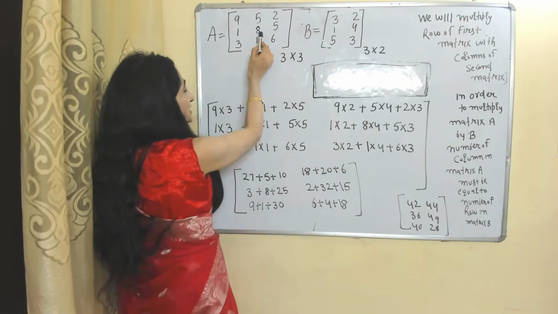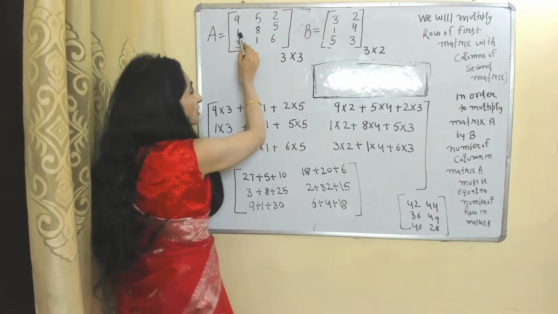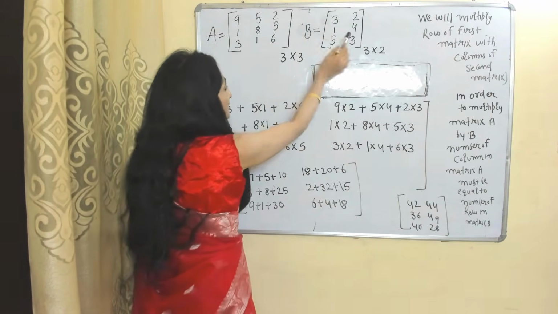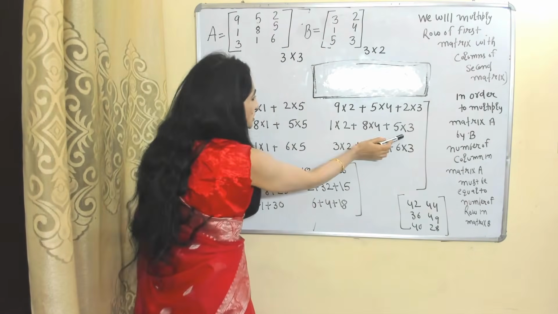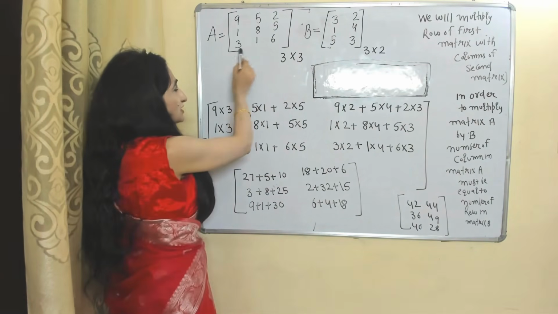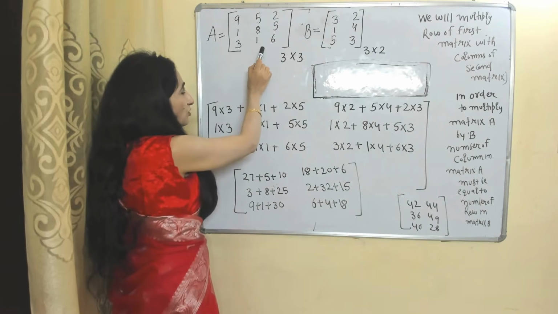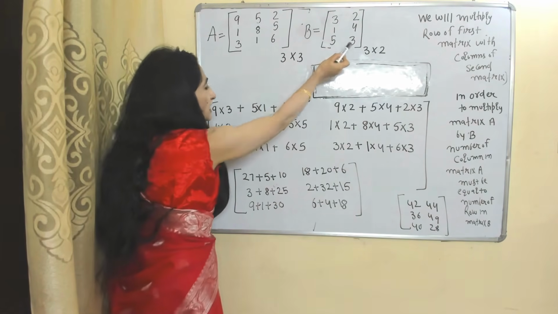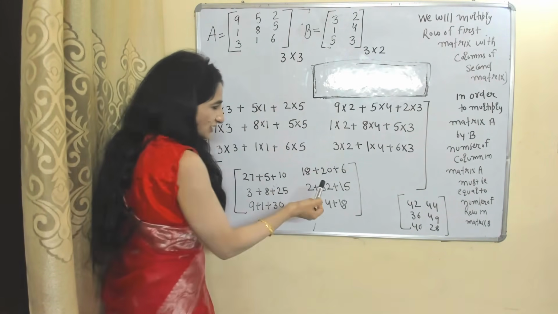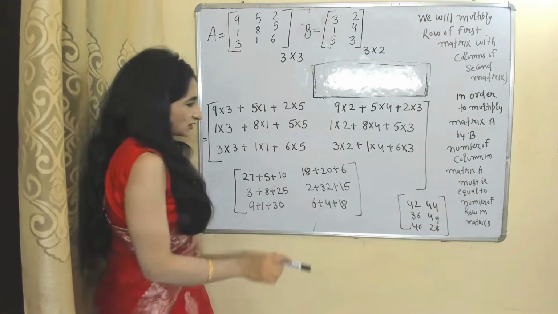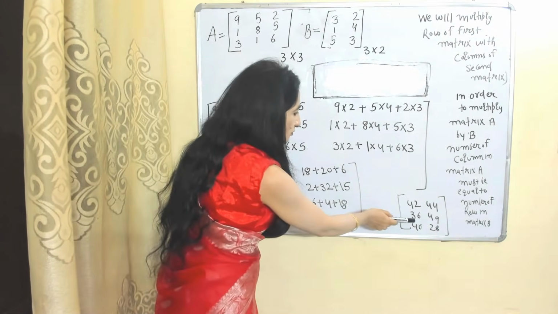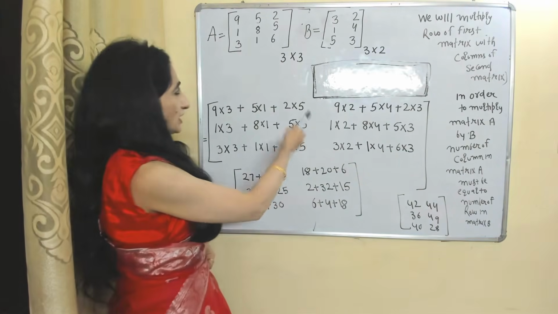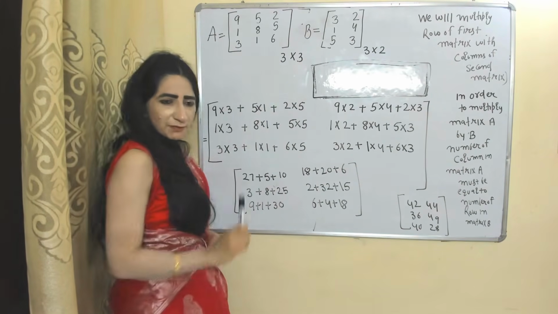Now you multiply the second row with the second column: 1 into 2, 8 into 4, 5 into 3. Similarly you will do the third row. You will multiply it with the first column as well as the second column, as you can see here. When we add all these values, it will become equal to this. So in this way you can multiply matrix A with B.